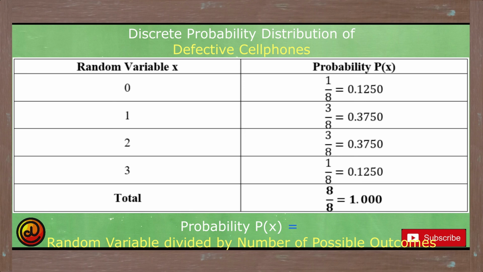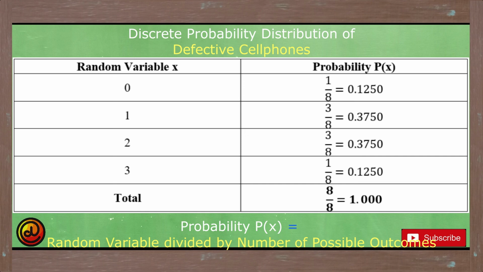And to get the probability P of X, which is the second column, for each random variable, we are going to count the random variable in our previous table, and then divide it by the number of possible outcomes. How many possible outcomes are there in our previous table? The answer is 8.